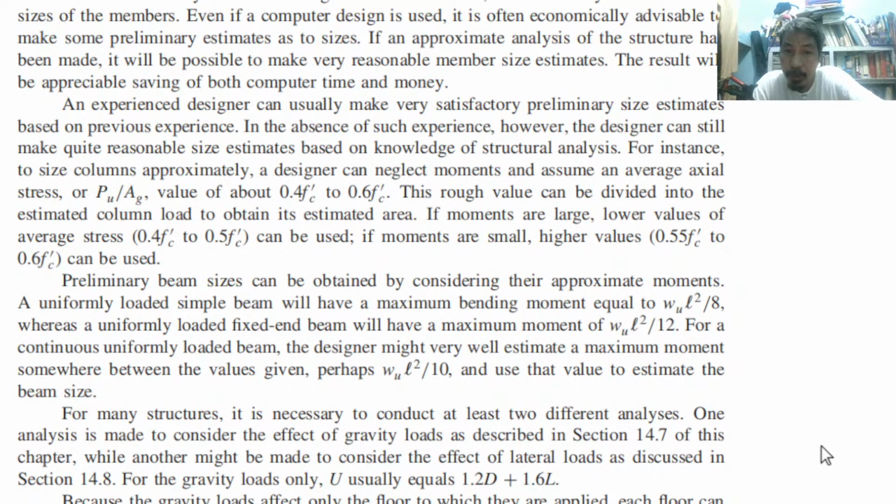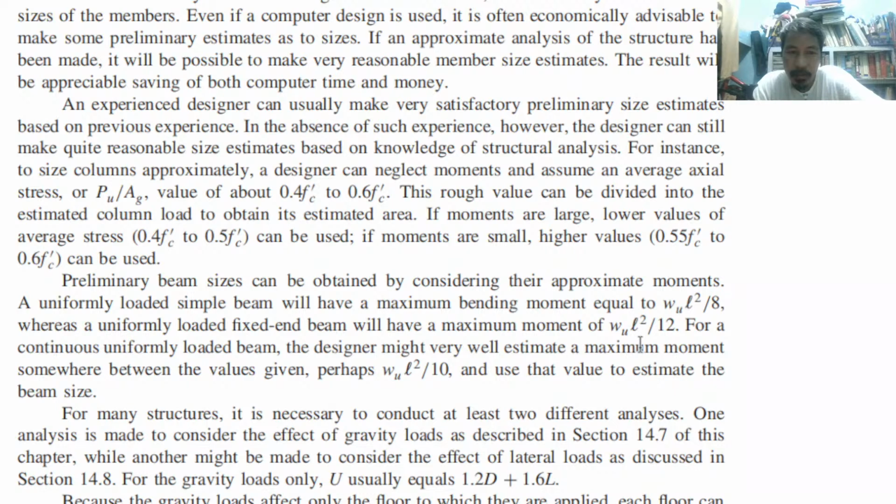These are from the theory of structures. For a continuous uniformly loaded beam, the designer might very well estimate the maximum moment somewhere between the values given, so between these two.